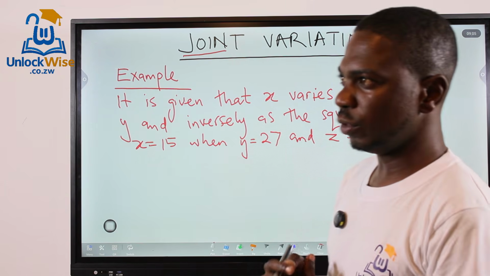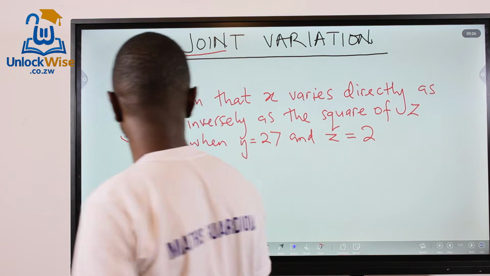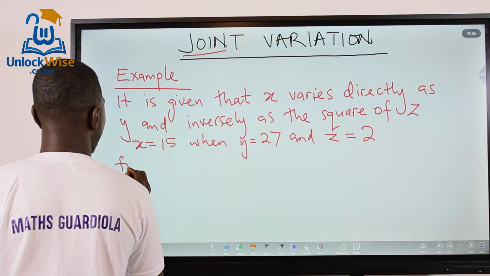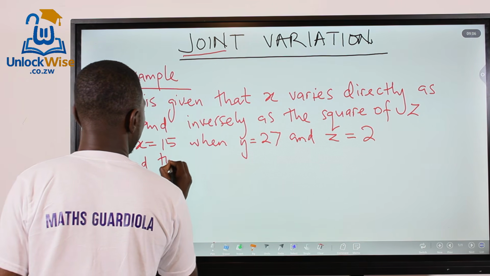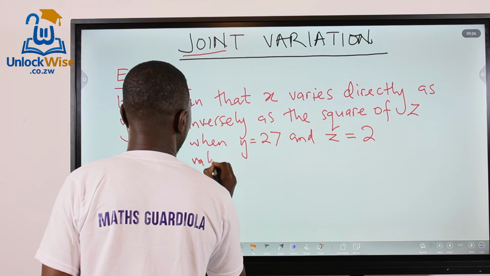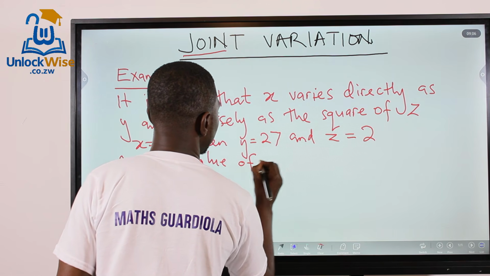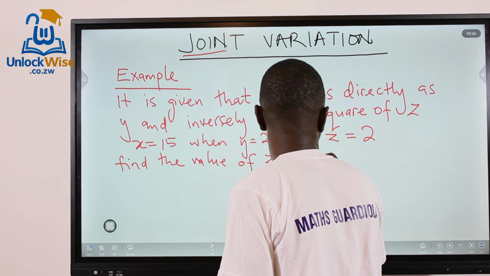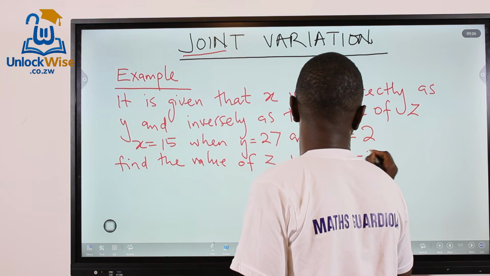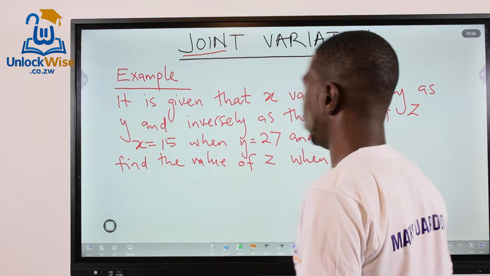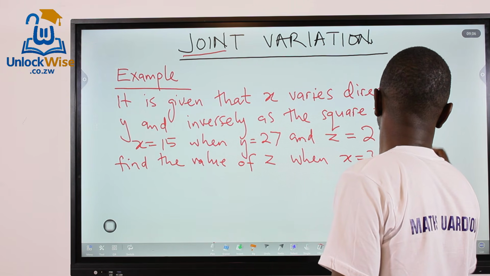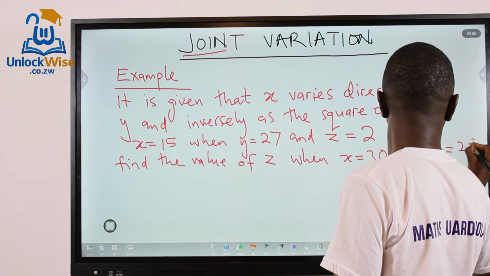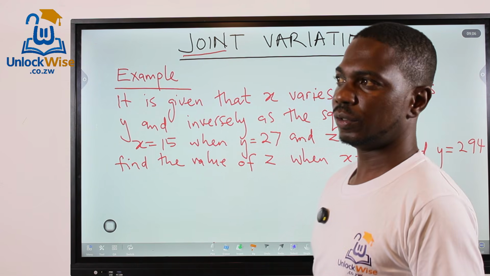Right. So we want to find the value of z when x is equal to 30 and y is equal to 294, right?